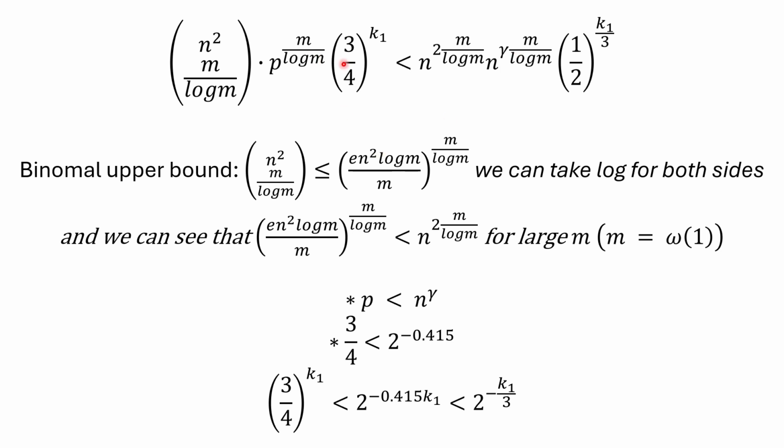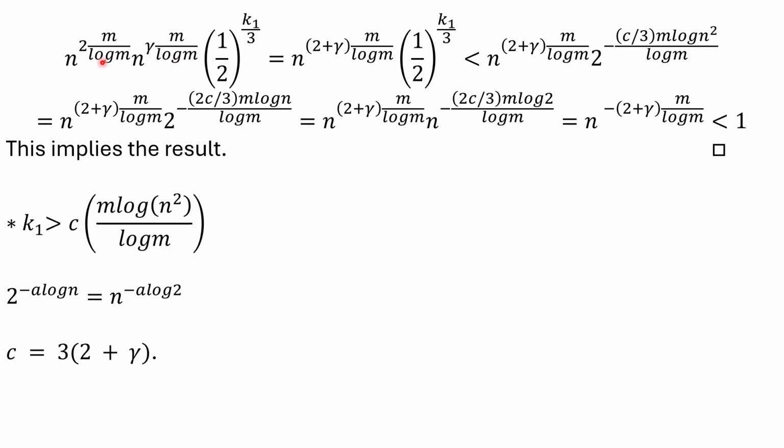For the last term, three quarters to the k1 is less than 2 to the power of minus 0.415 k1, which is k1 divided by 3. Then we have these steps right here that we're going to see why they are true.